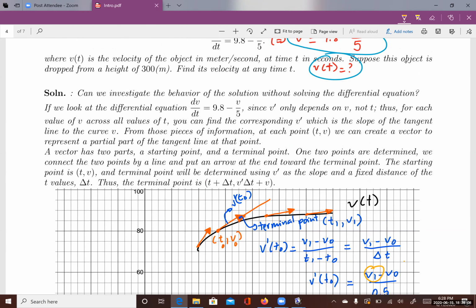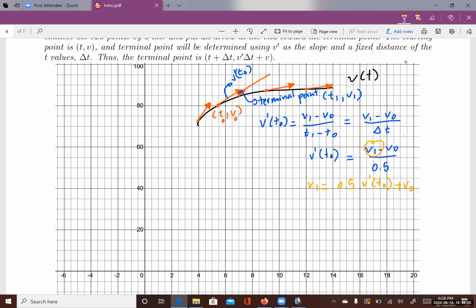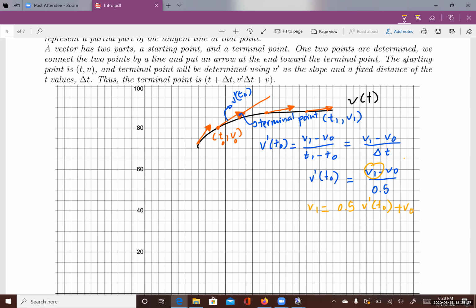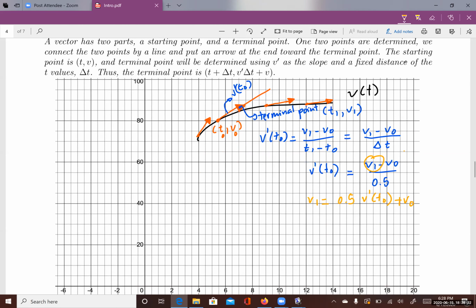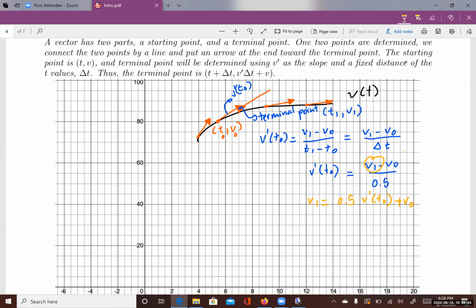We can find v prime here to find v1. So now I know how to find the terminal point from a starting point in order to create a slope vector of my direction field. In general, v1 equals delta t times v prime of t0 plus v0.